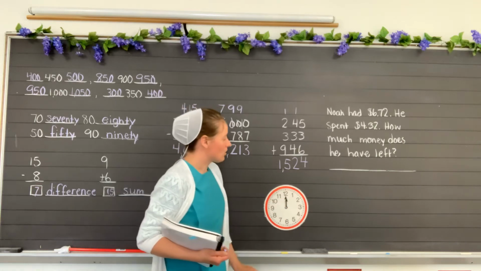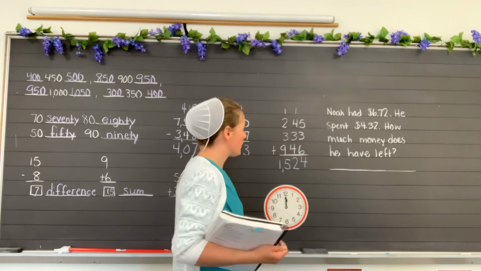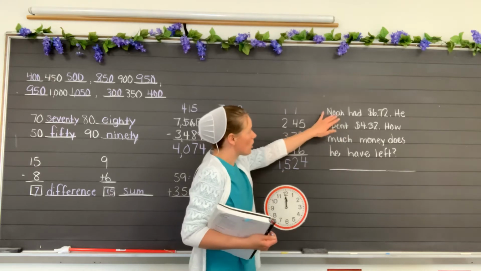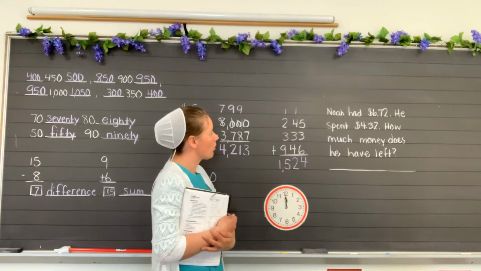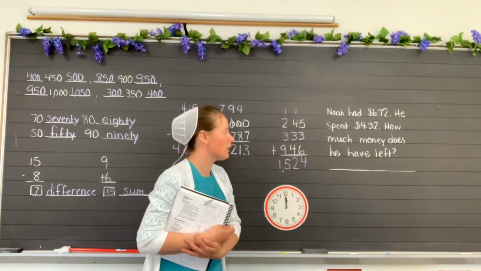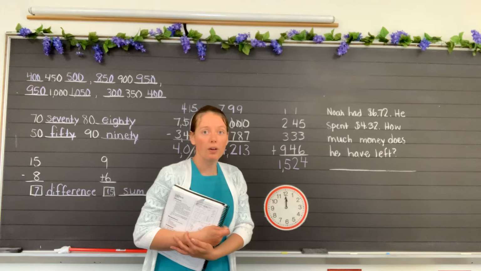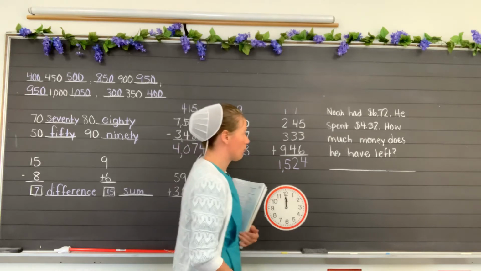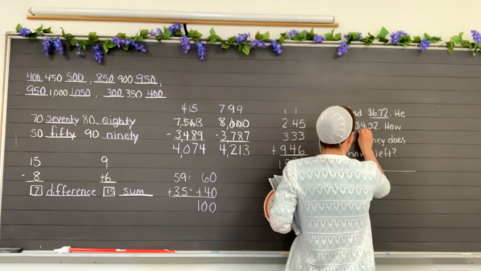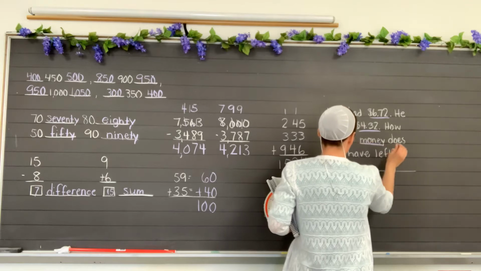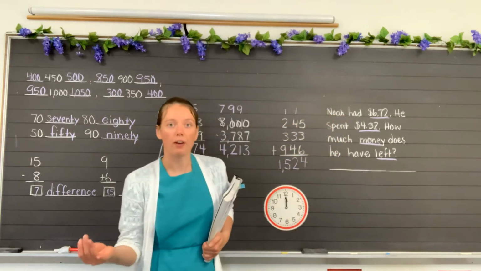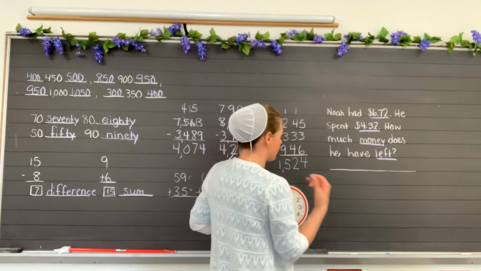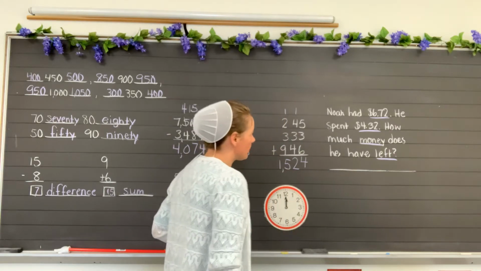Okay, and let's do this story problem here. It says Noah had $6.72. He spent $4.32. How much money does he have left? So we'll underline our key numbers and words first of all. And we have left, so when we have left, we will subtract because he had money taken away from him, he spent it.